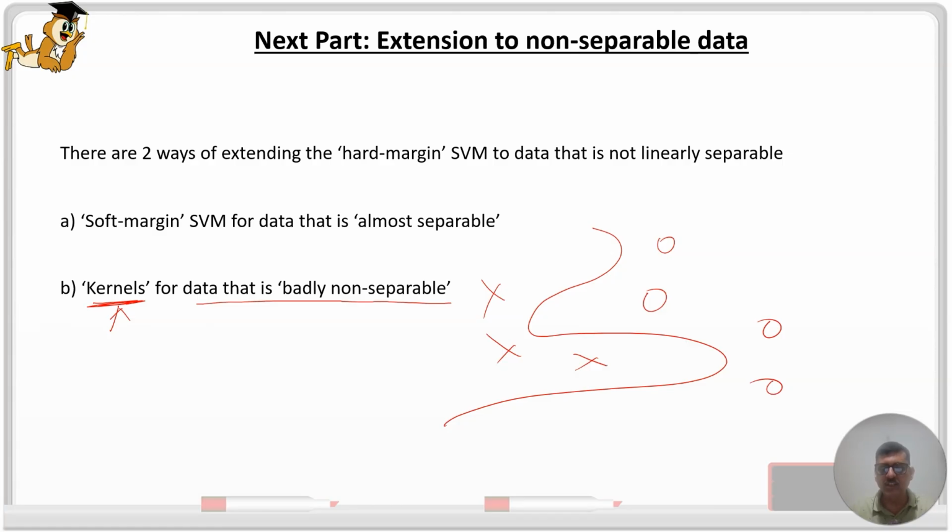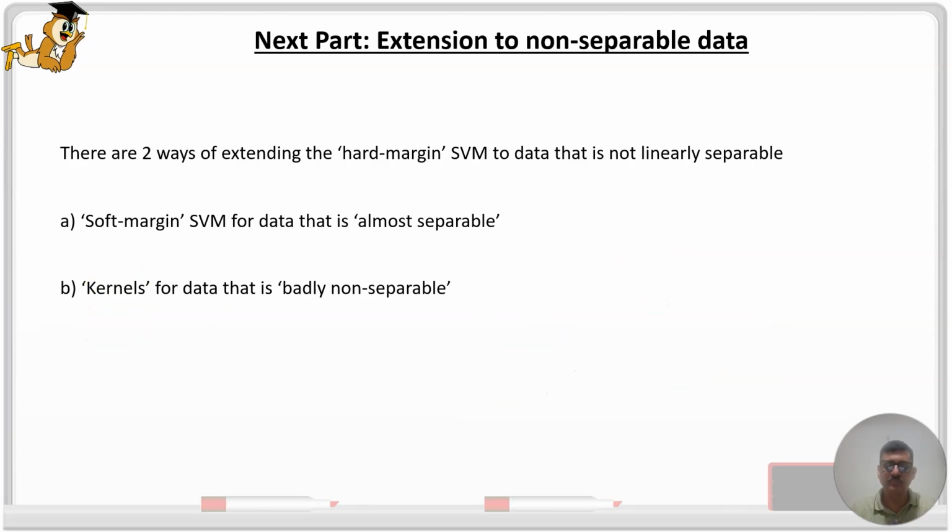So when your data requires something squiggly like this, it's badly non-separable, and we are going to use the technique of kernels to solve that sort of problem.